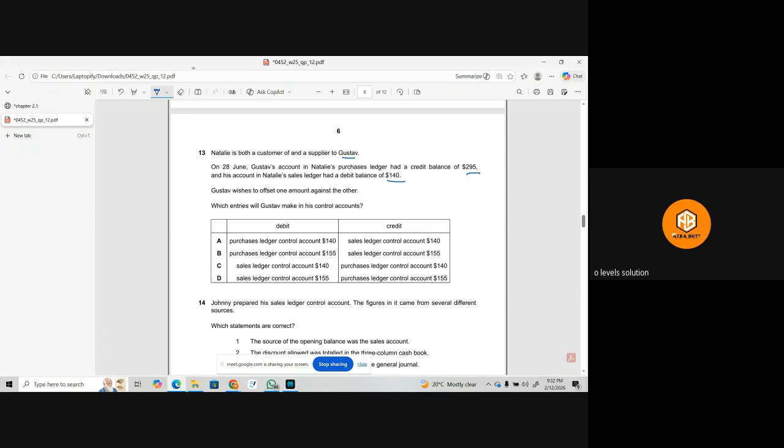So Gustav wishes to offset one amount against another. This is like the contra entry. Which entry will Gustav make in his control account?